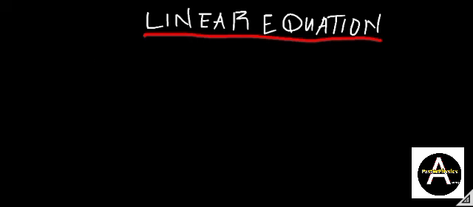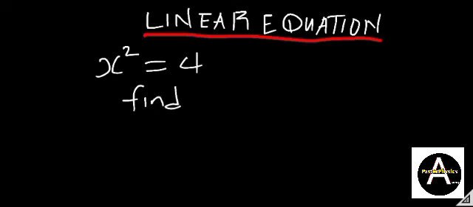Alright, now let us take another problem. Something like x squared is equal to 4. Now in this problem, we discover that x is still not standing alone, because they say find x, right? But in this place, we have x squared here. So when we remove the square from x, x in this case is standing alone, right?